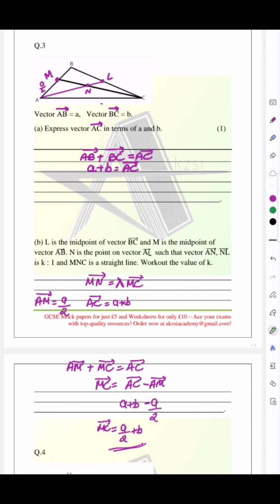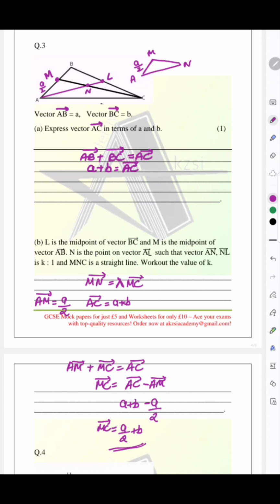Similarly, here we are calculating vector MN, so we have to see that MN is a side of which triangle. Clearly the only triangle of which this is a part is this smaller triangle, and that's the focus. If I draw it separately, this is A, this is M, this value is a by 2, this is N.